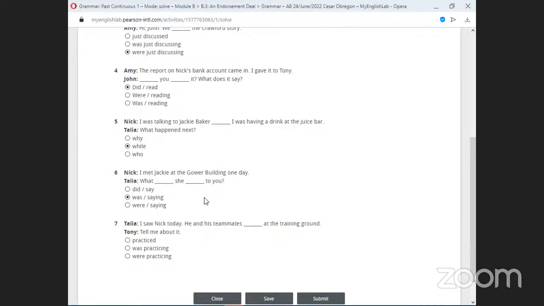I saw Nick today. He and his teammates were practicing at the training ground. Okay, now I am confused. Is this something that looks like something that happened at a certain time in the past?